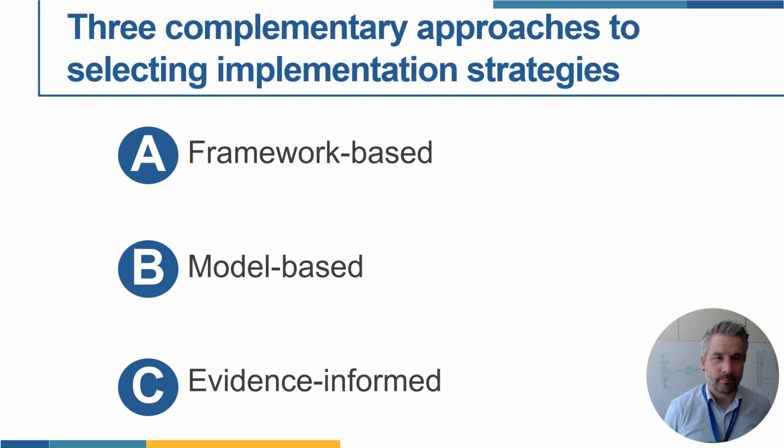Now, there are probably at least three complementary approaches to selecting implementation strategies and developing implementation interventions: a framework-based approach, a model-based approach, and an evidence-based approach. And I want to reemphasize these should be seen as complementary rather than competing options, that they feed off each other.